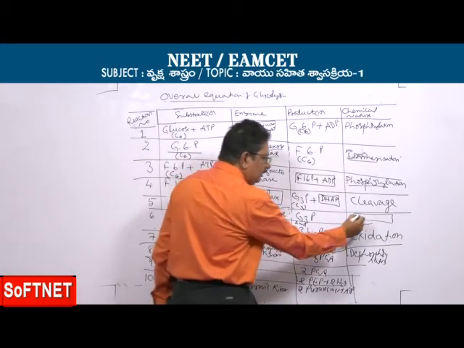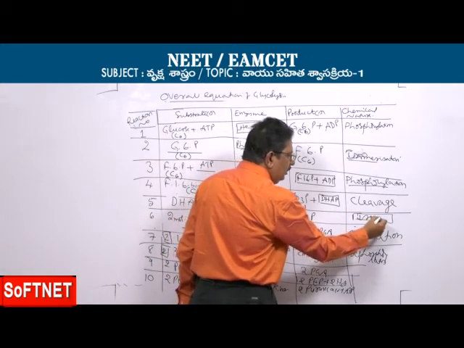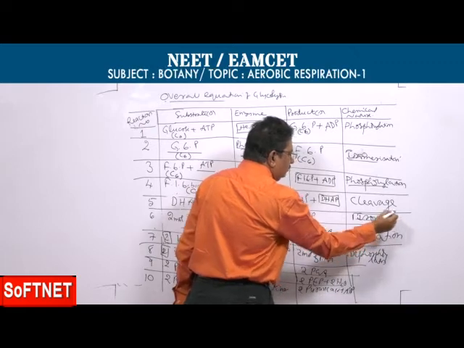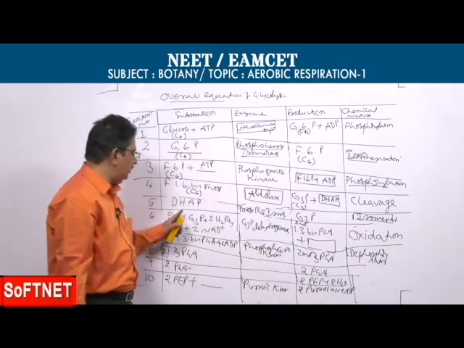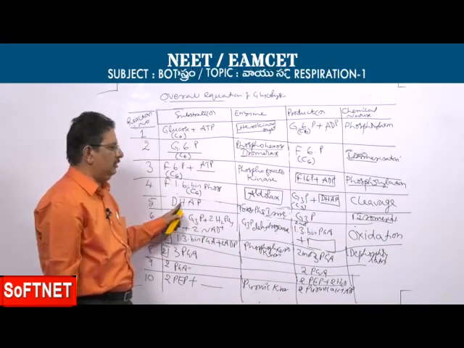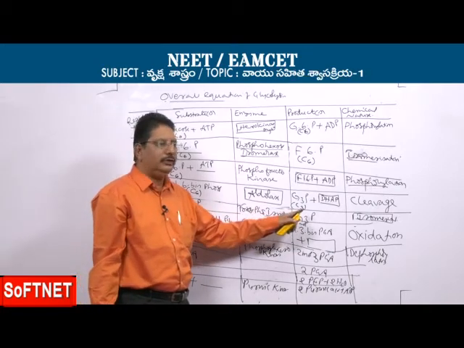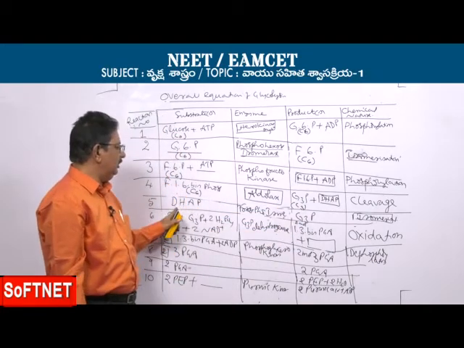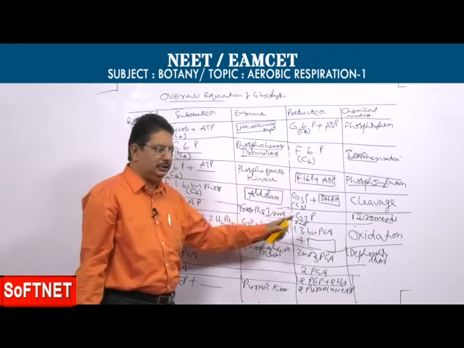So, another reaction, chemically isomerization. Since DHAP is unfit for oxidation, G3P is more fit for oxidation. So, DHAP should convert into G3P.